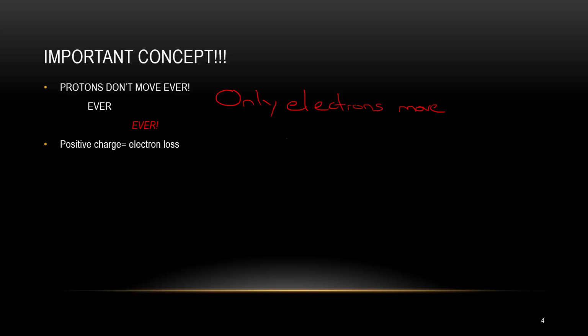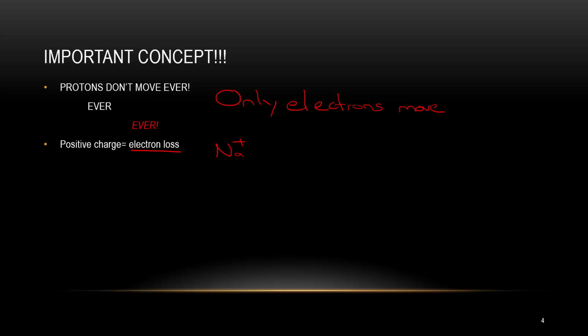Positive charge. And this is where kids will get confused, because we will have positive ions, especially when we're talking about metal. So let's say sodium. When an electron is lost, we will get a positive ion. And some kids will get this positive ion confused. They'll think that they're adding protons, and that's not the case.